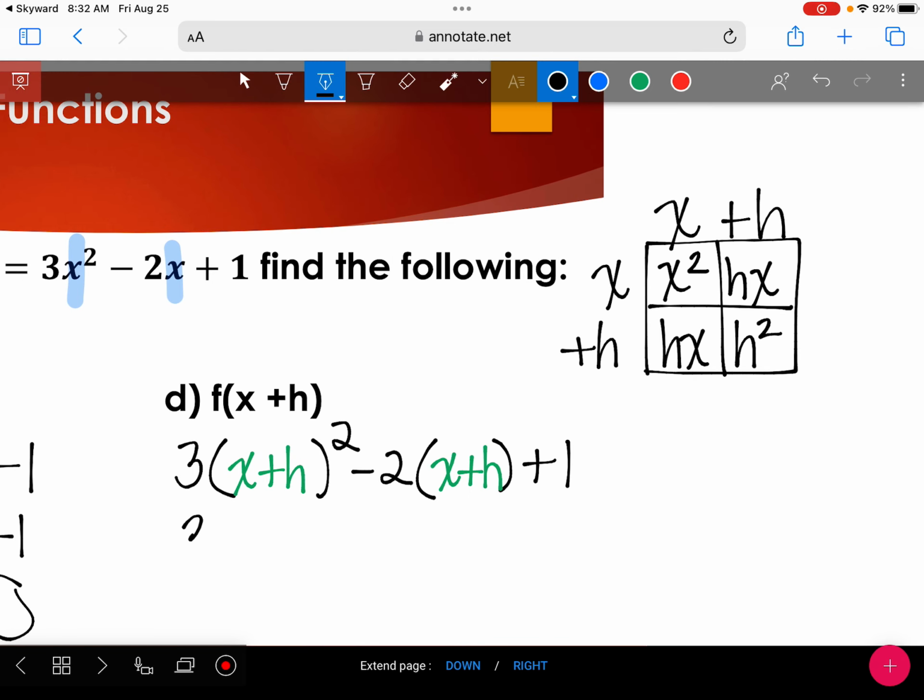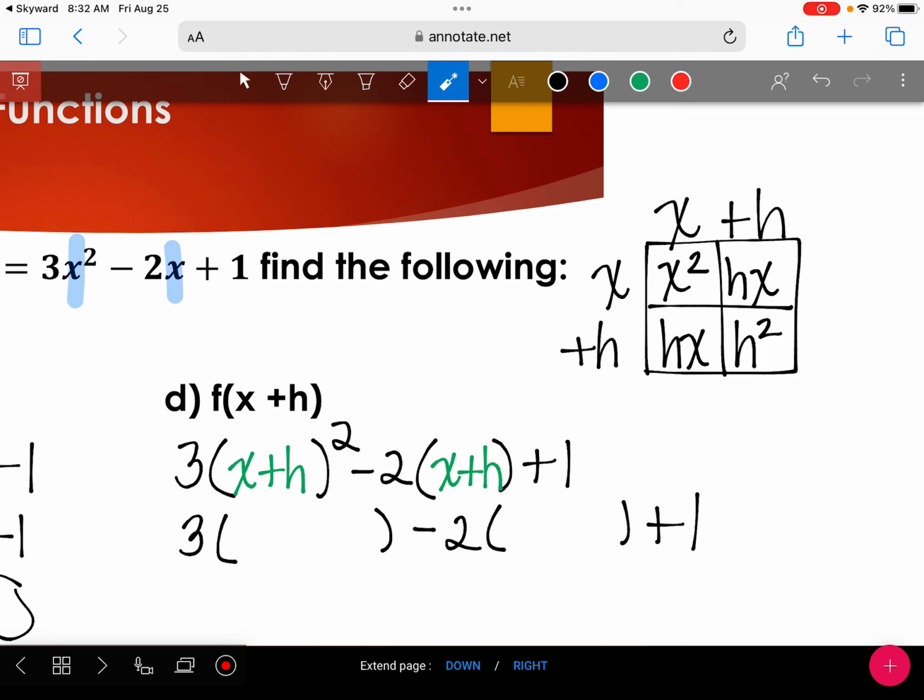So we have 3. So when I multiply x plus h times x plus h, I get x squared. x times h is just hx. And then h times h is h squared. What do you think I'm going to get when I add these two boxes together? 2 what? 2hx, yep.